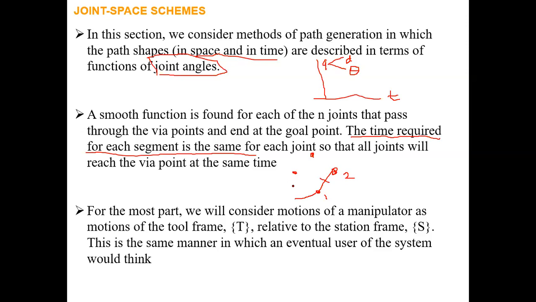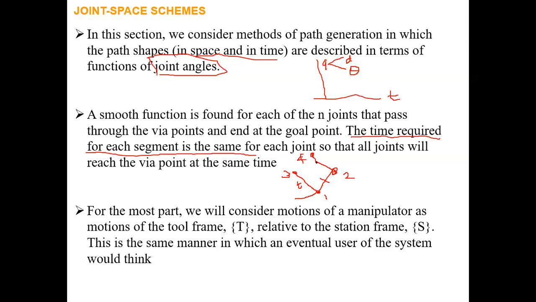Then what is the time for joint 1 to reach the final point, let's say point 3? That is t, right? If this is t, then during that same time t, joint 2 reaches point number 4.